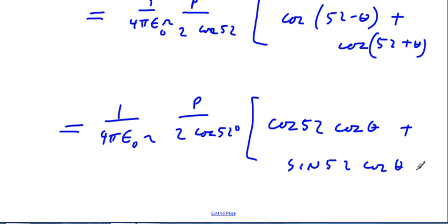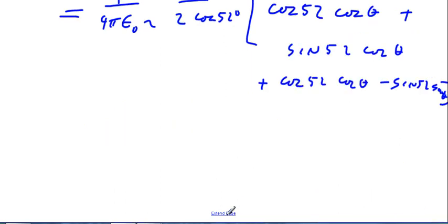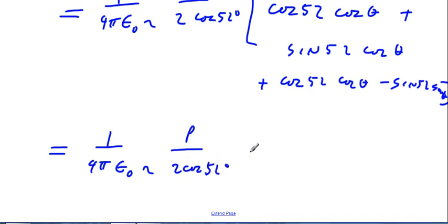Plus cosine 52 cosine theta minus sine 52 sine theta. And we're going to get 1 over 4 pi epsilon naught R, P over 2 cosine 52, times 2 cosine 52 cosine theta.